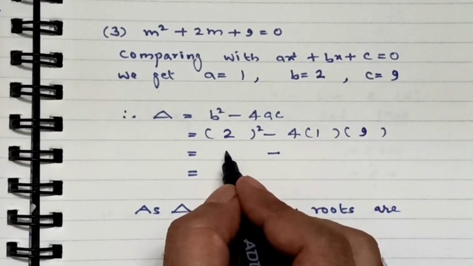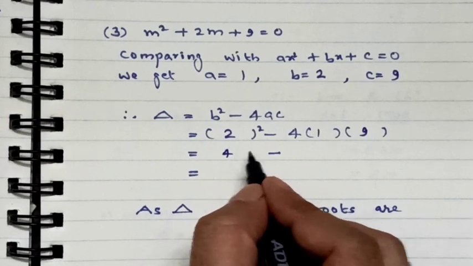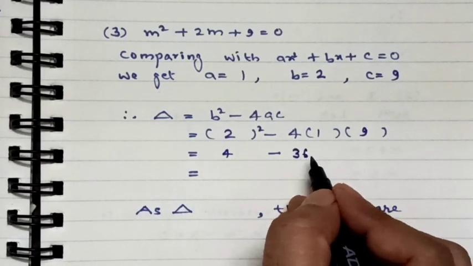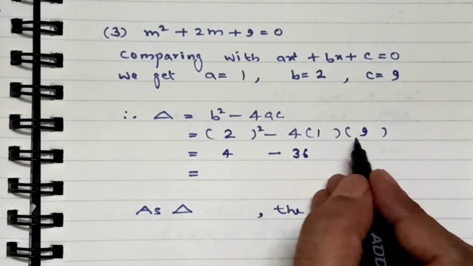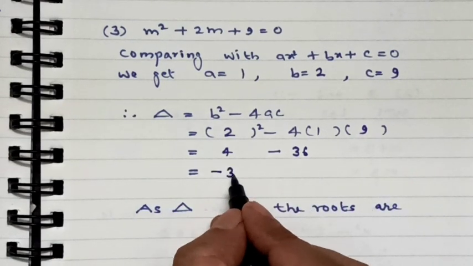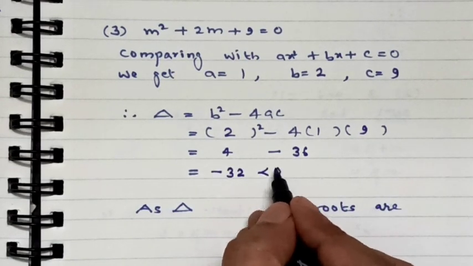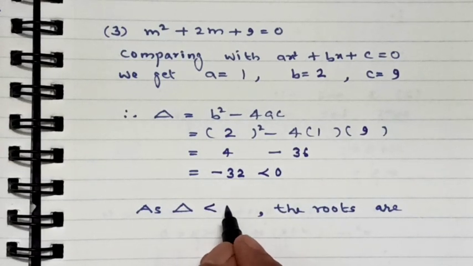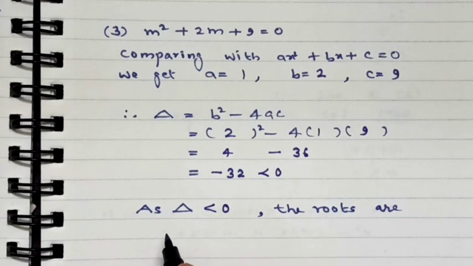So here 2 square is 4 and minus 36. 4 ones are 4, 9s are 36. That will give you minus 32, and which is less than 0. As delta is less than 0, roots are not real.